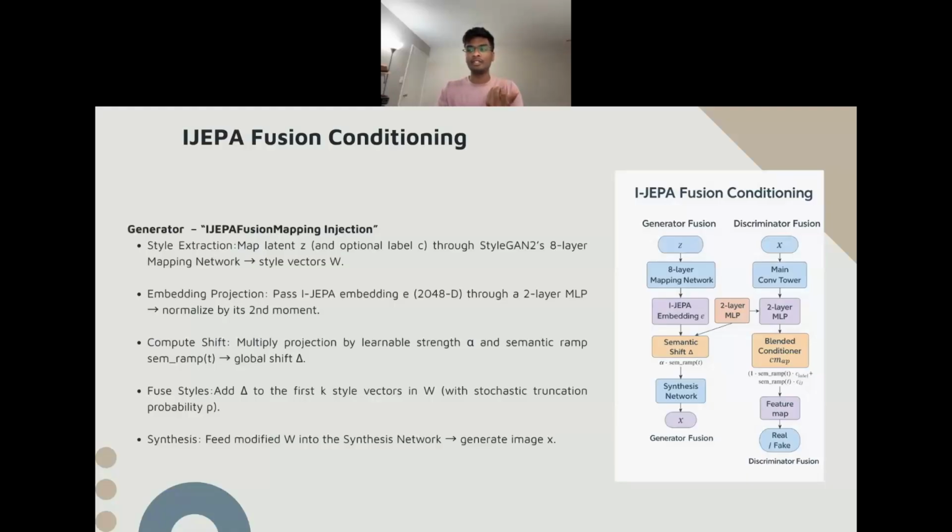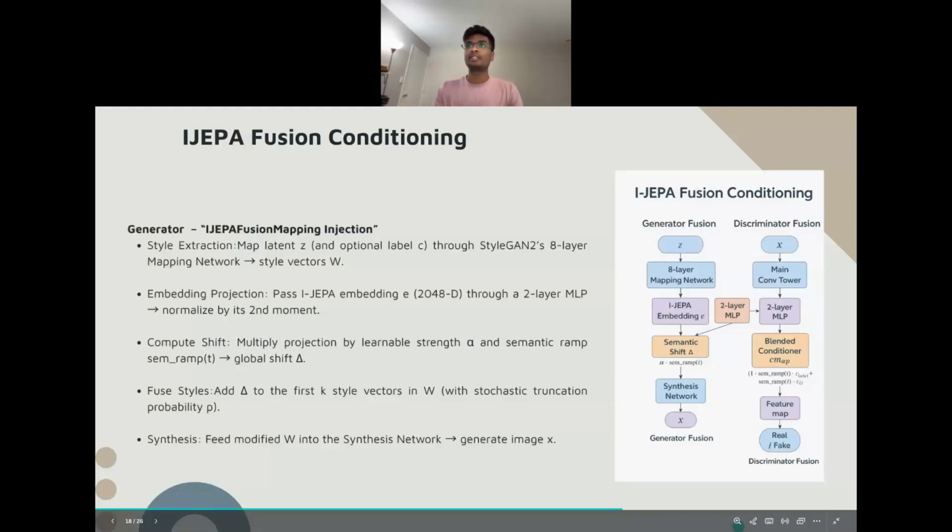In parallel, I project the I-JEPA embeddings, for which I've decided to go with a 1048-dimensional embedding. Then I compute a semantic shift by scaling the embedding with a learnable strength parameter called alpha, and it uses a semantic ramp that gradually increases during early training.